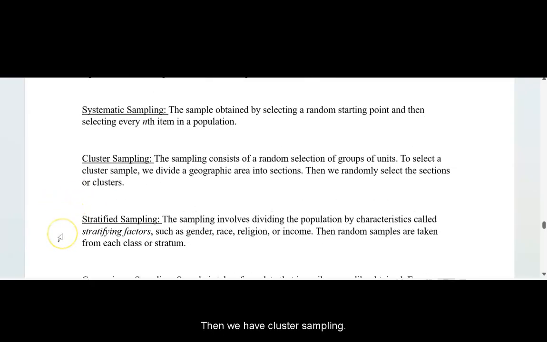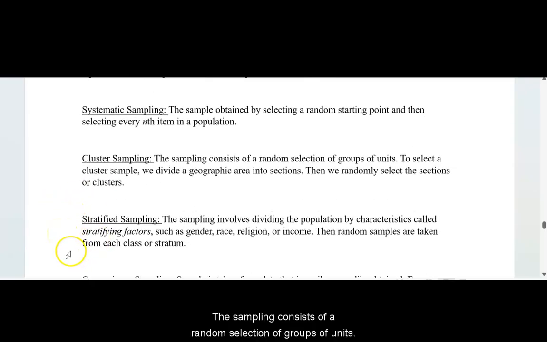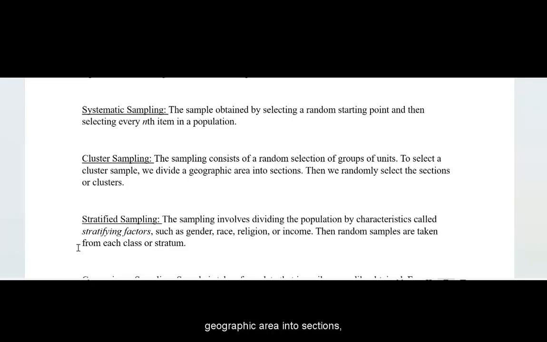Then we have cluster sampling. The sampling consists of a random selection of groups of units. To select a cluster sample, we're going to divide a geographic area into sections, and then we randomly select the sections or clusters. So for example, if I'm looking at students from my college, I want to look at their average math grade. Maybe because it's such a big population, I'm going to do samples.